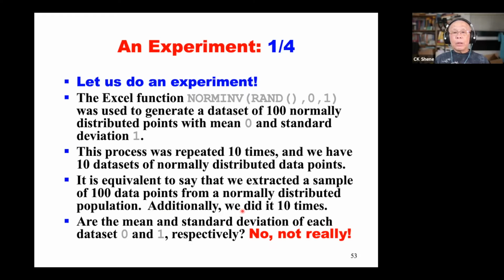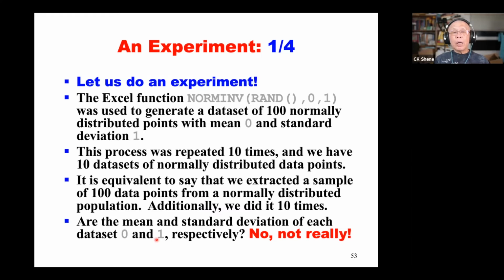Now, because we did it 10 times, every time we have a sample mean and a sample standard deviation. So the question is, because these samples are generated from a normal distribution with mean 0, standard deviation 1, for each sample, the mean and the standard deviation of each data set should be 0 and 1.